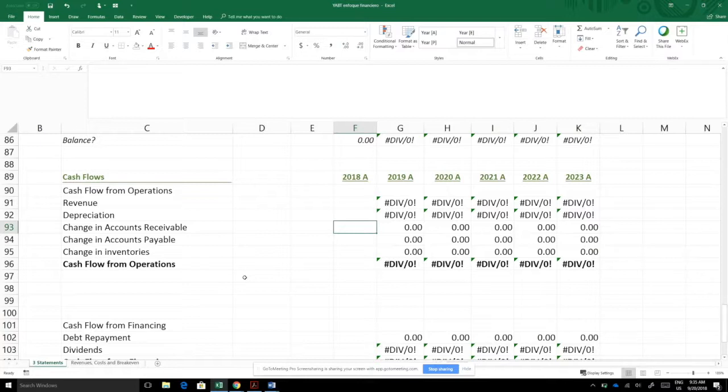And if accounts payable increase, then you're getting credit from your suppliers, and then you're not using that cash this period, and then you're adding back that cash. And changing inventories is the same reasoning.